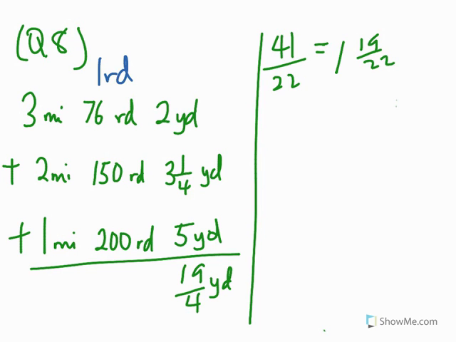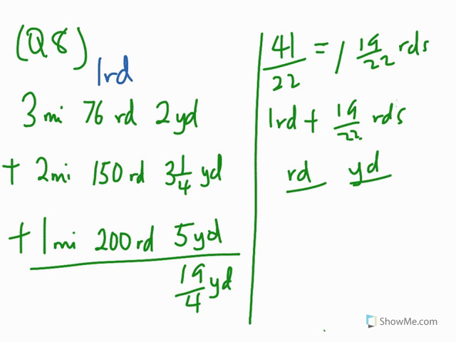Okay, but this is in rods. So this is like saying 1 rod plus 19/22 rods, right? So you take that 1 rod here, and then you have to go back and convert 19/22 rods. You still have rod and yard.